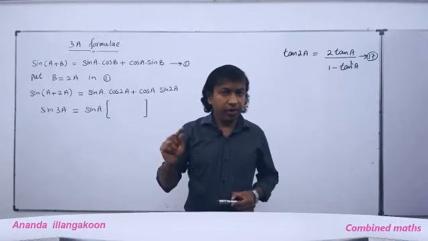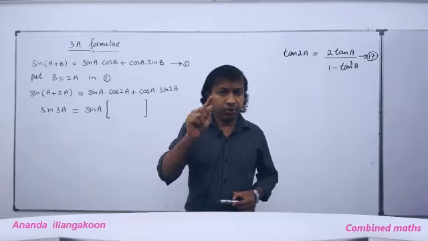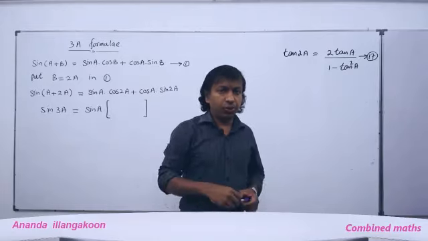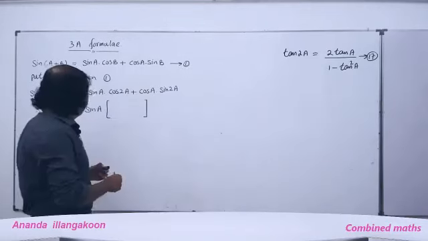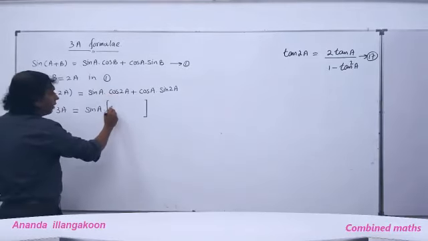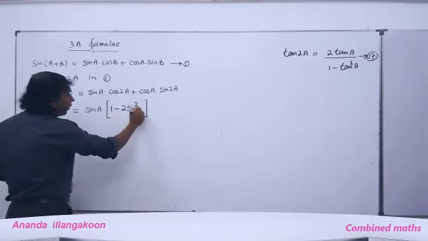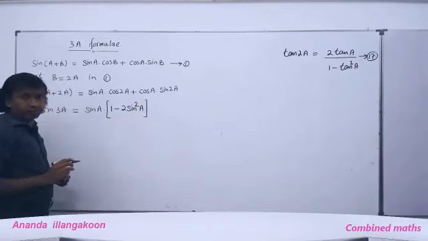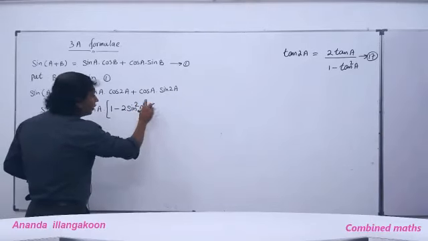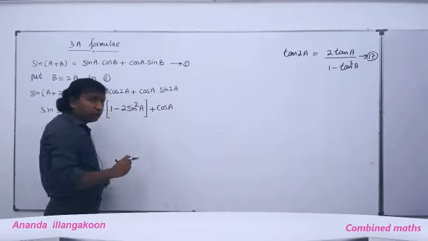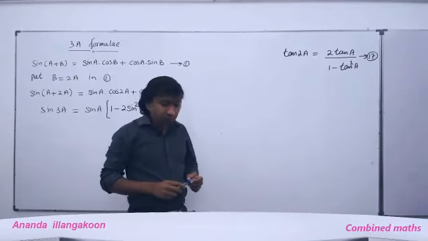Third one, 1 minus 2 sin squared A. So this cos 2A, people, I am going to replace by that formula 1 minus 2 sin squared A. And plus this cos A I keep like this, and this sin 2A by formula number 15.